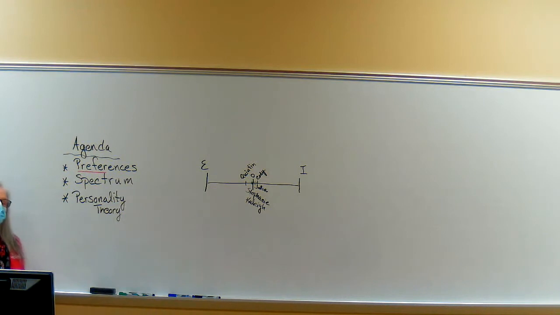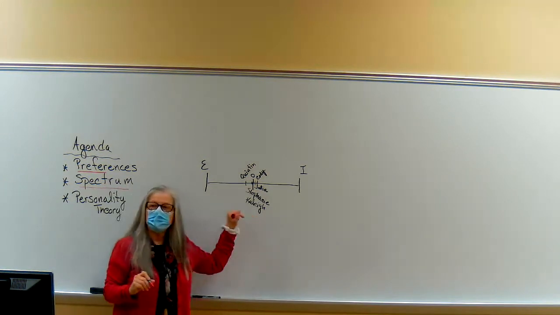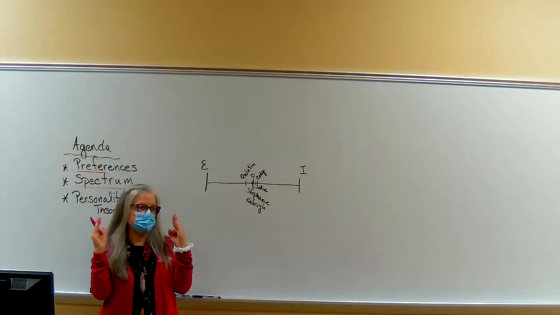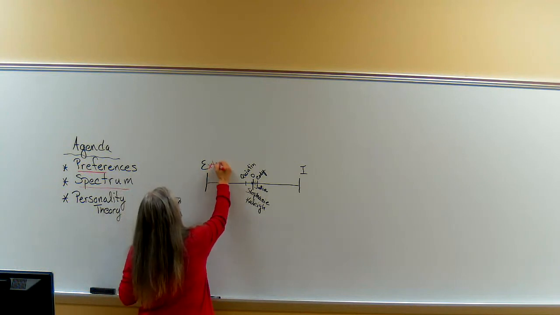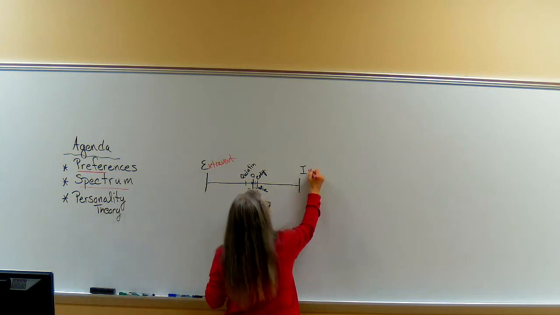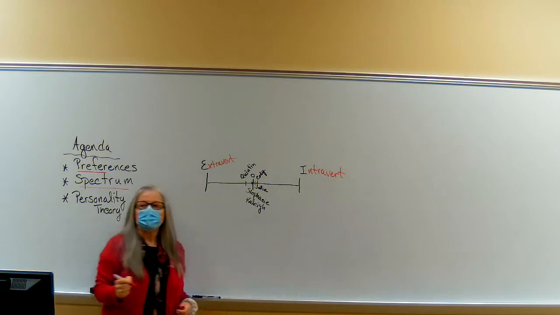What we also want to recognize is that every person in the world falls along a spectrum. And this illustrates what's known as a spectrum for the first set of letters, the E and the I. E stands for extrovert, and the I stands for introvert. All right?